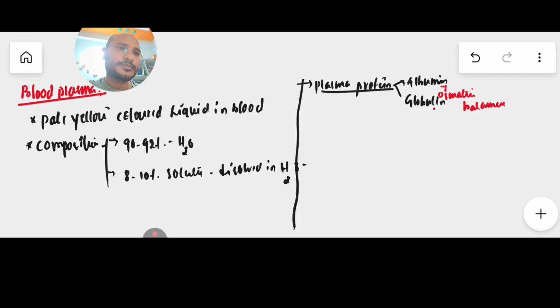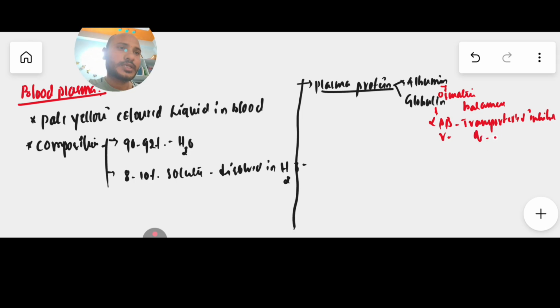Second is globulin. There are three types of globulins: alpha, beta, and the very important gamma globulin. Alpha and beta globulins act as transporters and inhibitors.